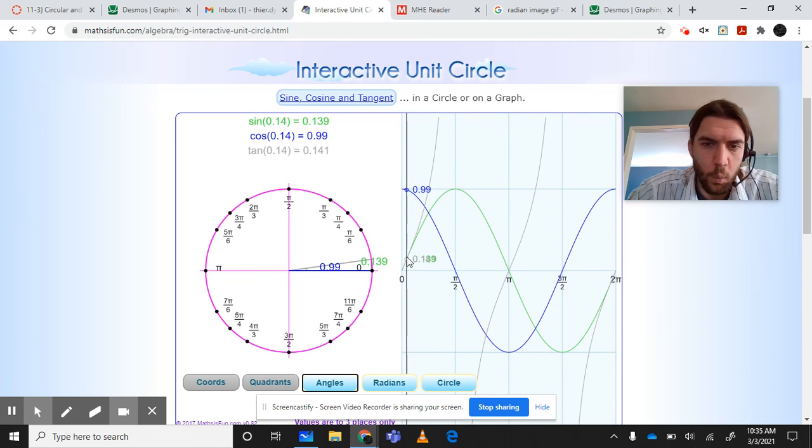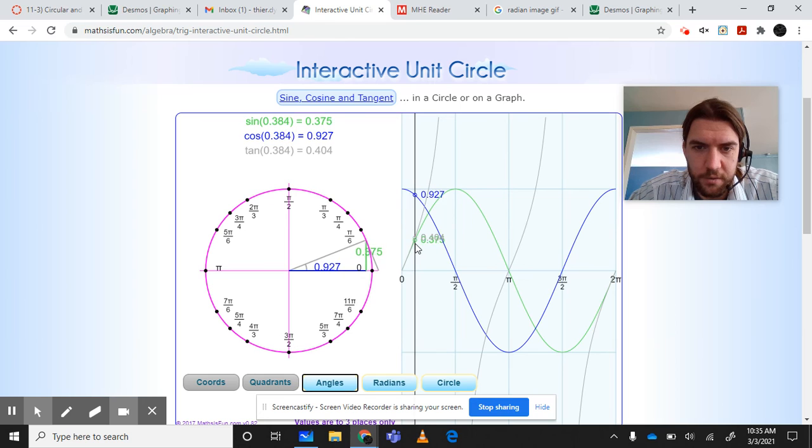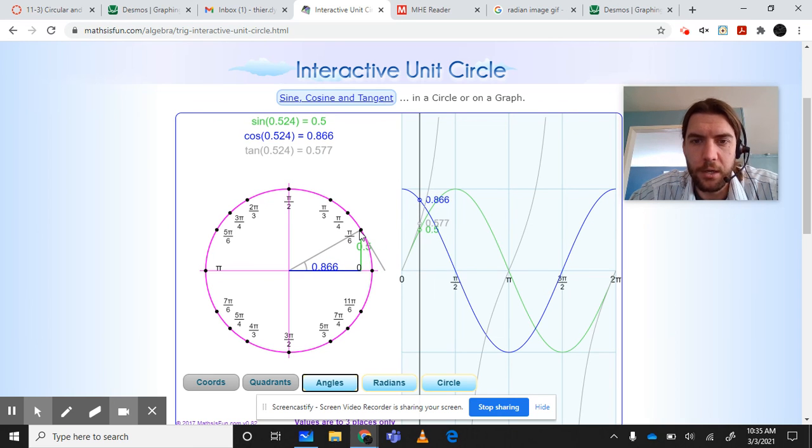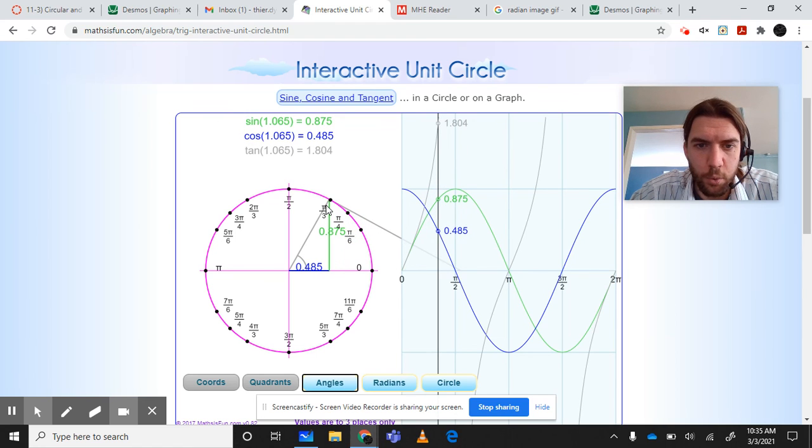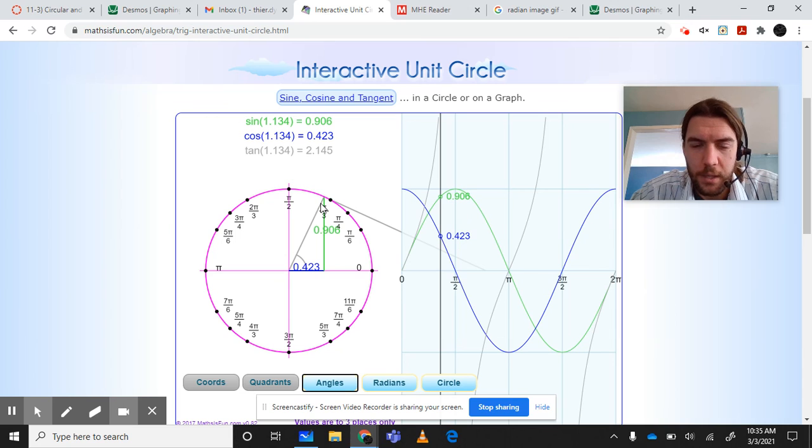This tells us what is the value of the sine. Well, the value of the sine, it matches what is over here on my triangle, right? So once I'm at 0.5 here, my green line is at 0.5. Once my green line is up to about 0.9, we're at 0.9 on the graph.